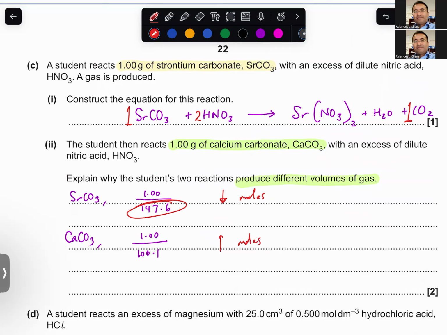Putting that into words, greater moles of the solid in turn will give you a greater volume of CO2. Refer to the molar mass, refer to the Mr, to get those 2 marks.